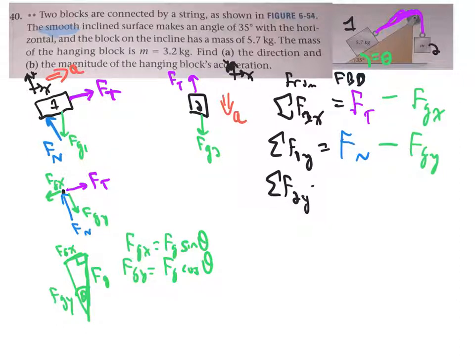And then finally, we have here that FT pulls and FG2 pulls, but FG2 pulls downward, so we get that.